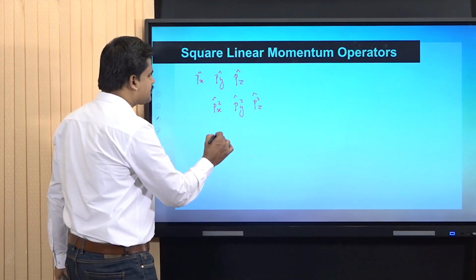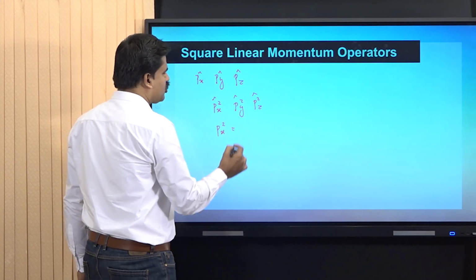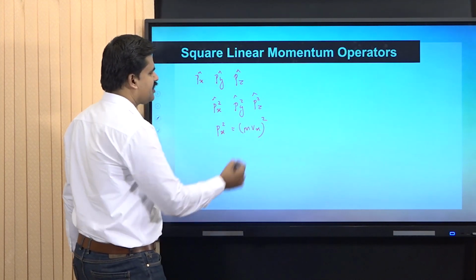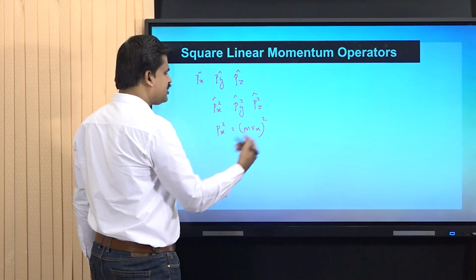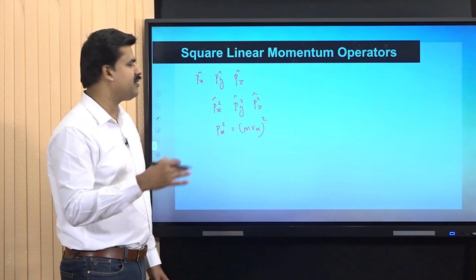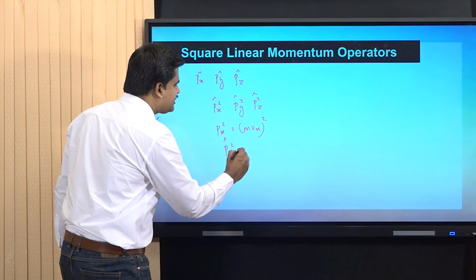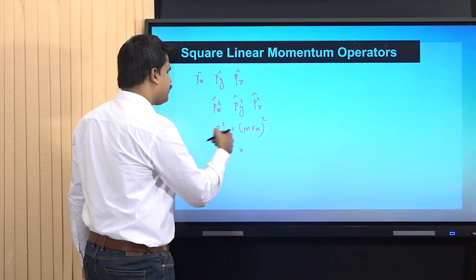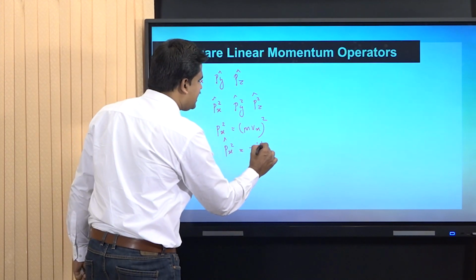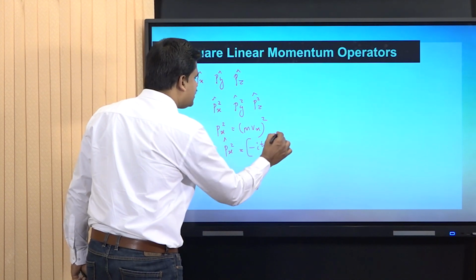In order to get that expression, we know Px square equal to mvx the whole square. To get to the operator, mvx or Px should be replaced by minus iħ dou by dou x. That is, Px square hat equals minus iħ dou by dou x the whole square.